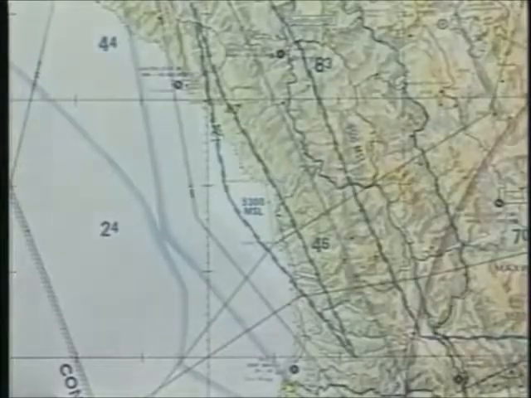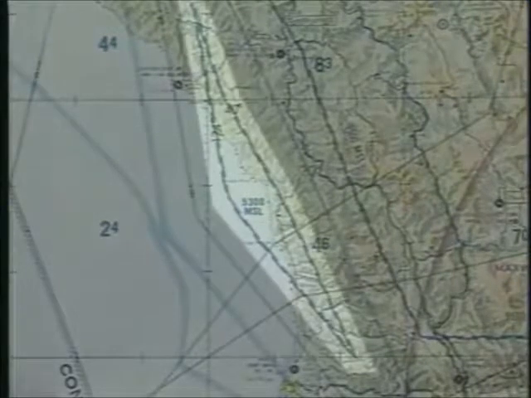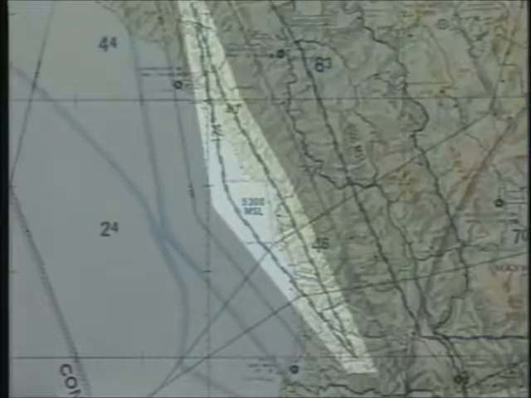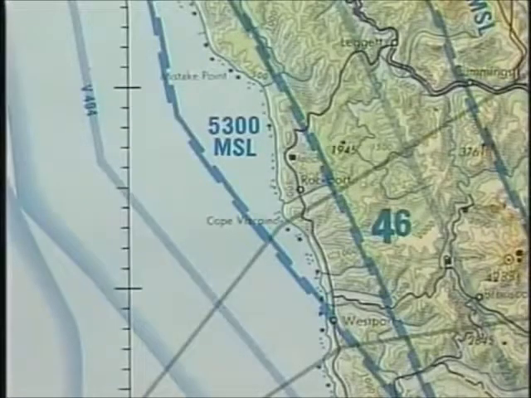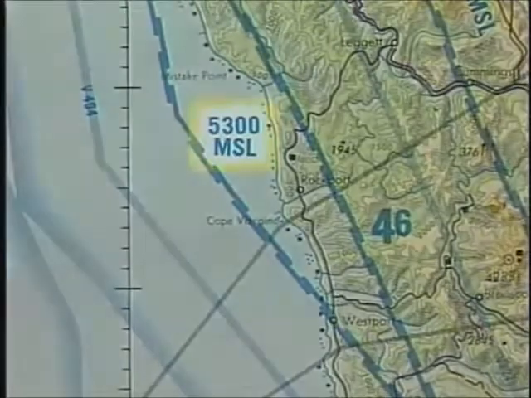In some areas, the floor of Class E airspace may begin at altitudes other than 700 or 1,200 feet above the ground. These areas are indicated by overlapping blue lines. The floor of Class E airspace is depicted next to the line. In this example, the floor begins at 5,300 feet MSL.